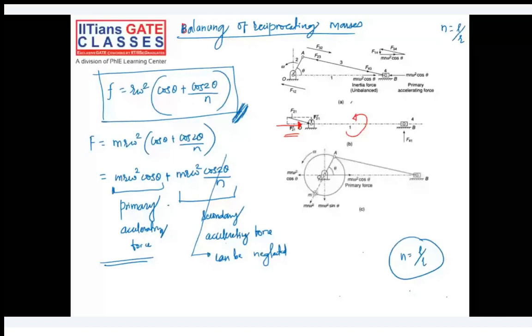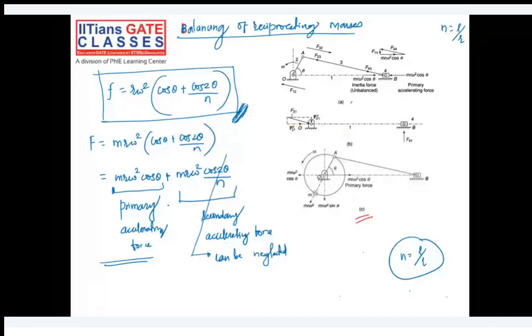Adding a counter mass m exactly opposite to the crank. m r omega square will be the centrifugal force of it, and as this angle is theta, this also has to be theta, and the horizontal component of it is m r omega square cos theta. So m r omega square cos theta will be your horizontal component, and that is actually balancing your primary force, which is your inertia force.